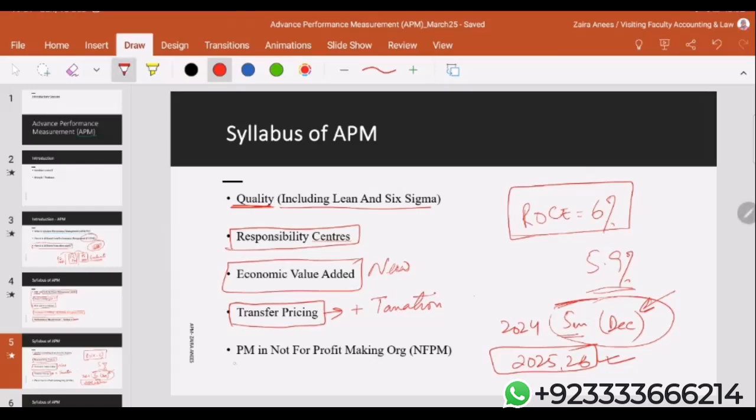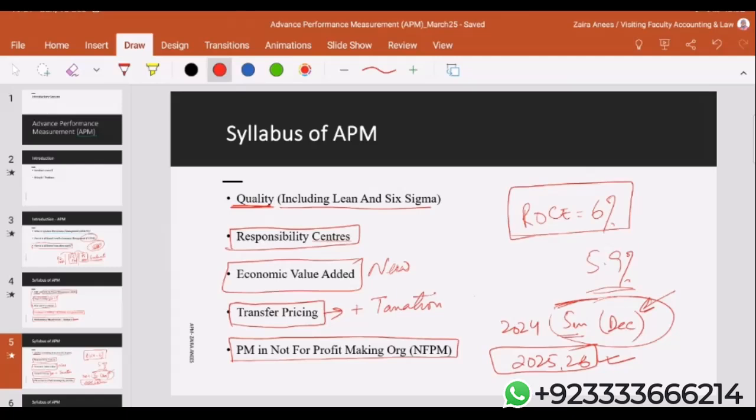And then performance measurement in not-for-profit making organizations. Performance measurement in not-for-profit making organizations is something which is part of the F5 paper, but it's also part of APM paper.